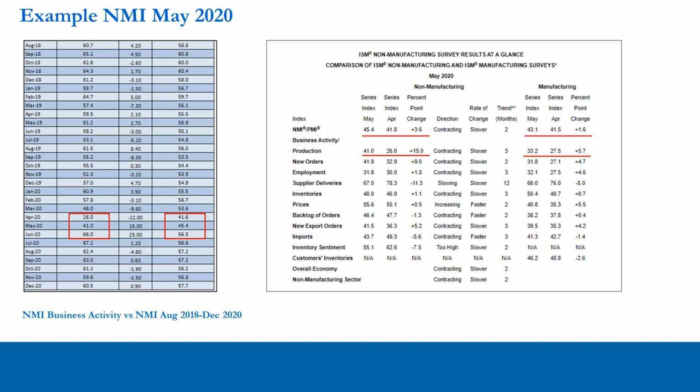And at the time, imagine yourself comparing it to the ISM manufacturing data, which was released just before it. So if you look at the manufacturing data, we look at production for manufacturing, the move is from 27.5 to 33.2. So a change of 5.7 points versus services, a change of 15 points.